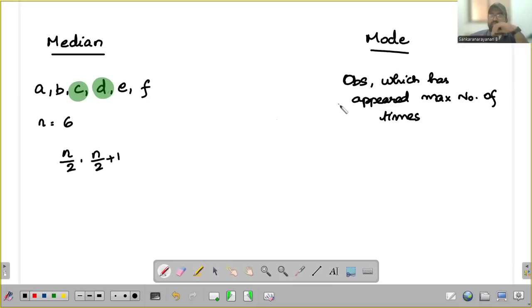Okay, so make a note of this as well. Median is a central observation. Mode is nothing but that observation in the given set of observations which has appeared the maximum number of times, which has repeated the maximum number of times. That is going to be the mode.